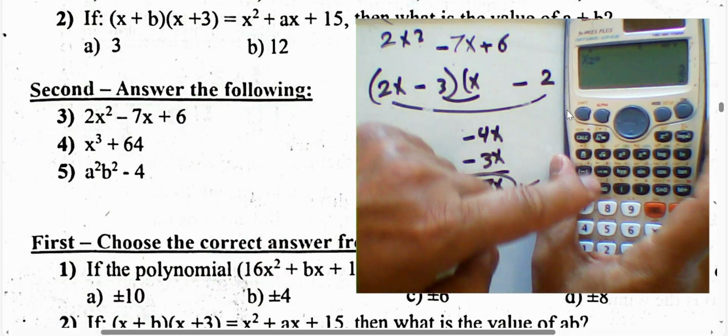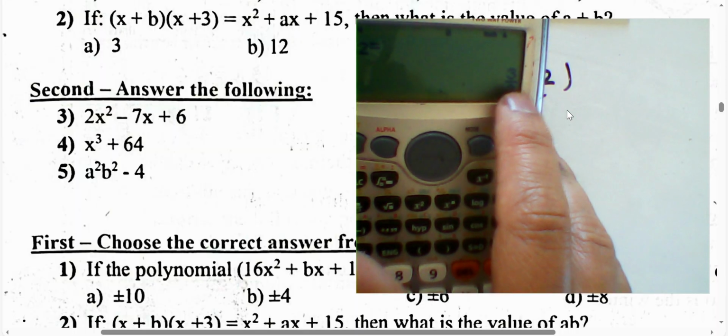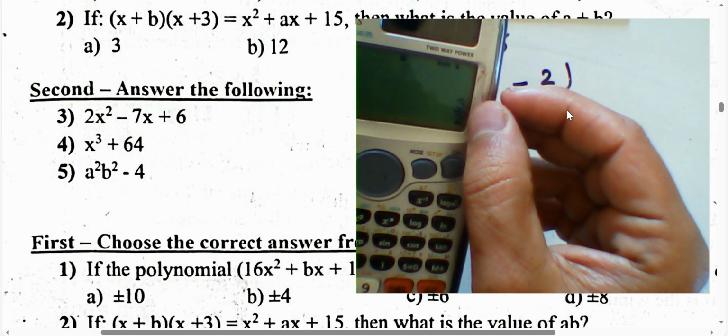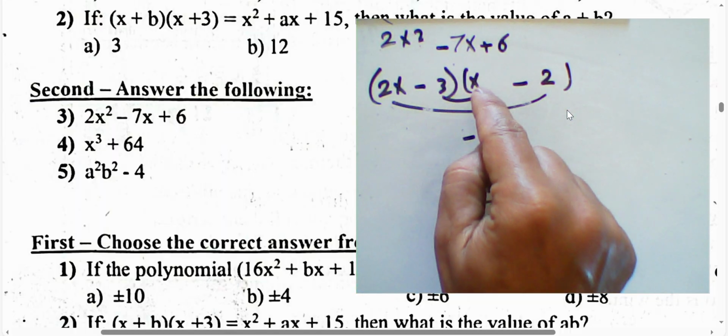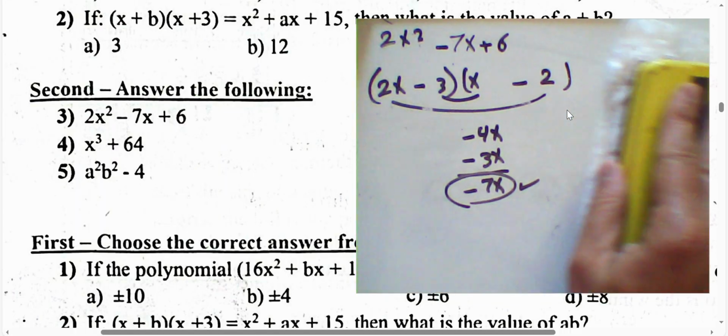Look at here, the solution will be 3 over 2. 2 here will be the coefficient of x, and 3, write the inverse of 3, will be negative 3. Write negative 3 here. Okay, you can solve this by calculator to find the result. Use this method to get an easy way.